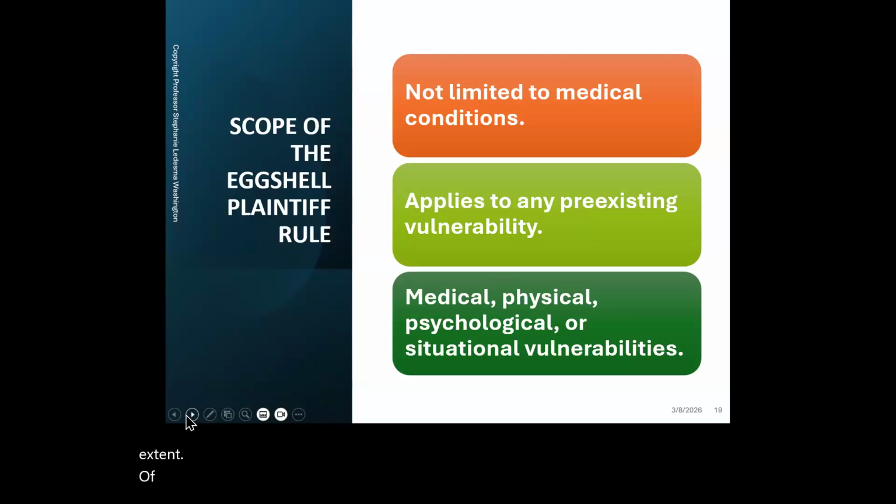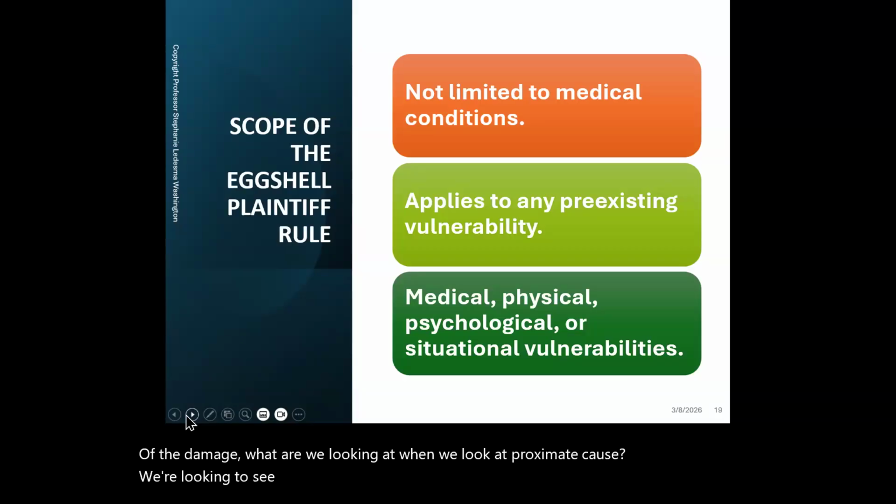What are we looking at when we look at proximate cause? We're looking to see if the kind of harm, not the modality of the harm, the kind of harm, not the severity of the harm.